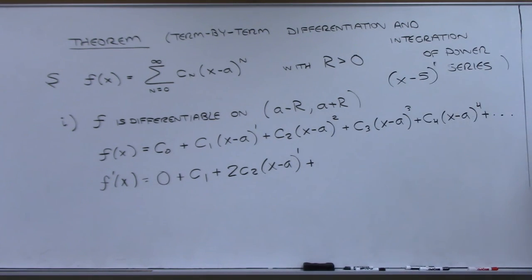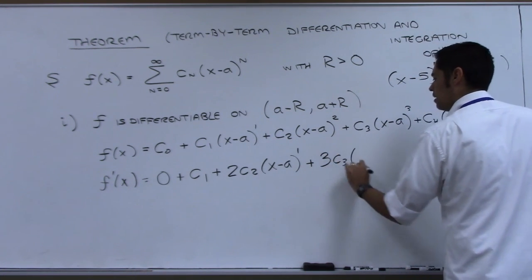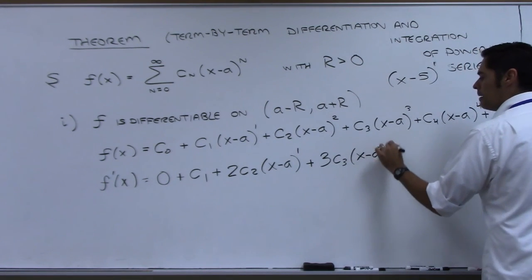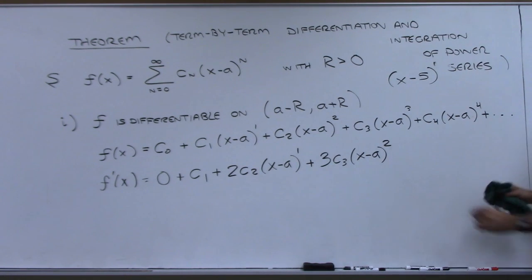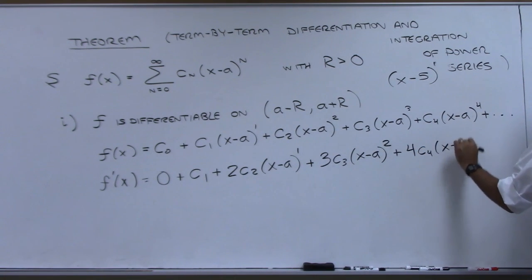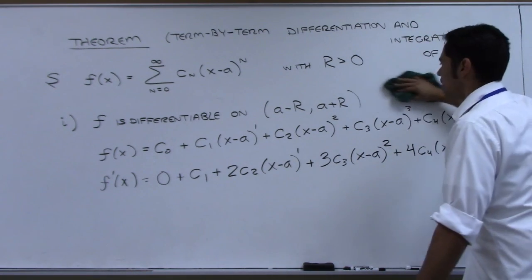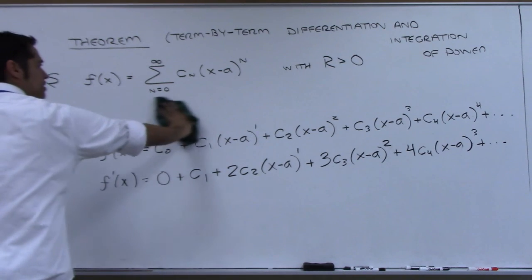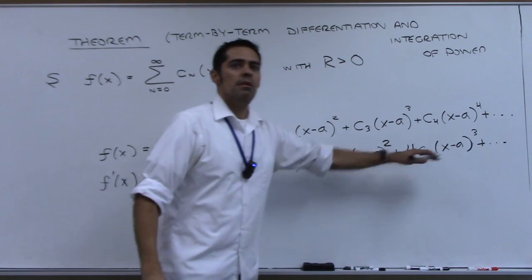What's the derivative of the next one? 3 c sub 3, x minus a to the second, times 1 again. Last one: 4 c sub 4, x minus a to the third, plus dot, dot, dot. Yes? That's what we would get? Now, still working with this, I'm just out of room, I'd like for you to tell me what this series is in sigma notation.